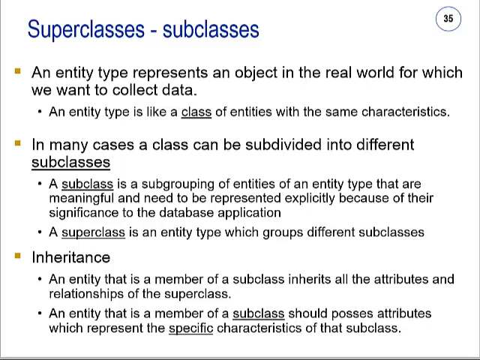And let's also have a look at their attribute types. A student has a student number, a student name, a student birth date, a student gender, and a student address. A professor has a professor number, a professor name, a professor birth date, a professor gender, and a professor address.